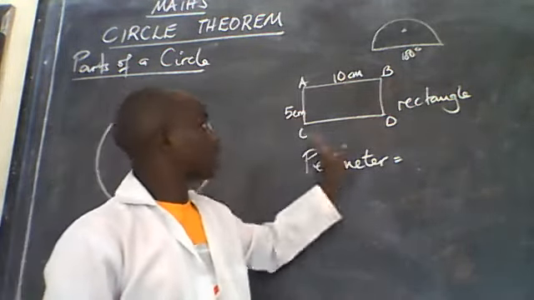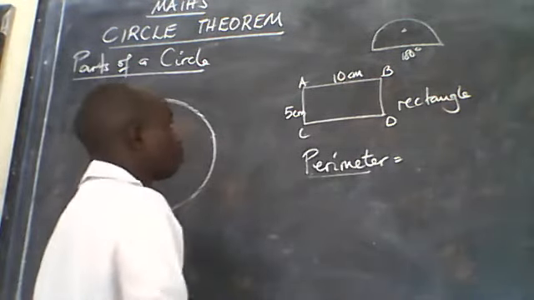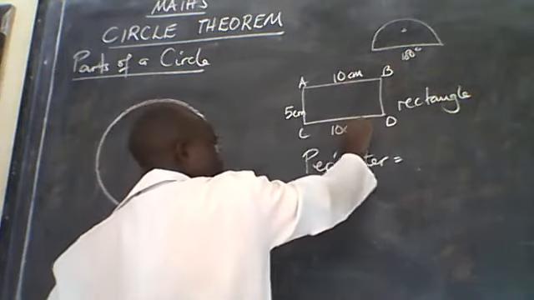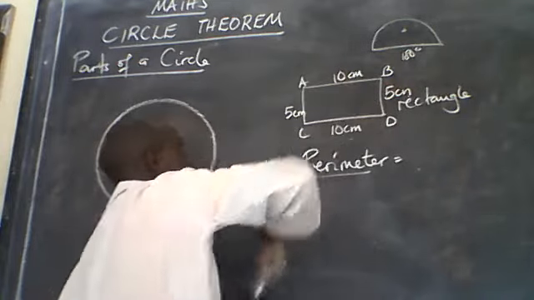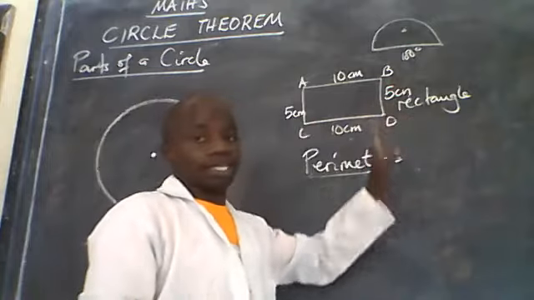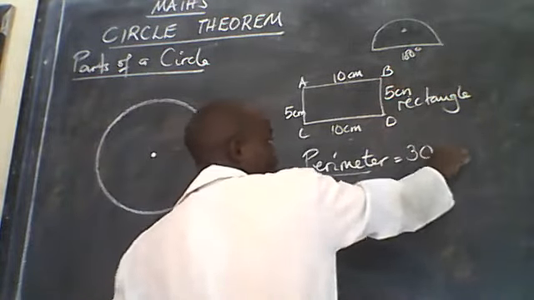We sum all the sides, that is the perimeter. So since this is 10, this will also be 10 centimeters, this will also be 5 centimeters, then we can add everything. And that will give us 10 plus 10, 20, plus this 30, okay? So our perimeter there will be 30.